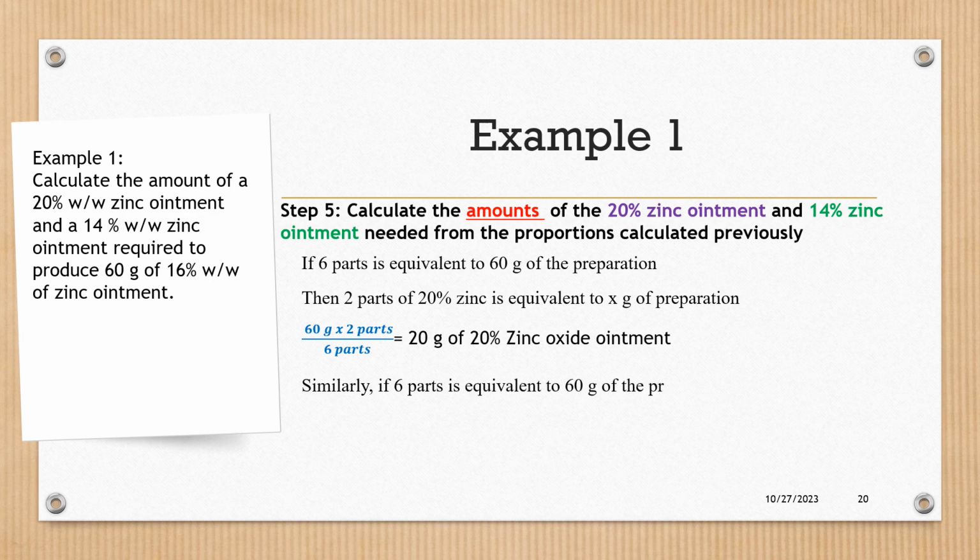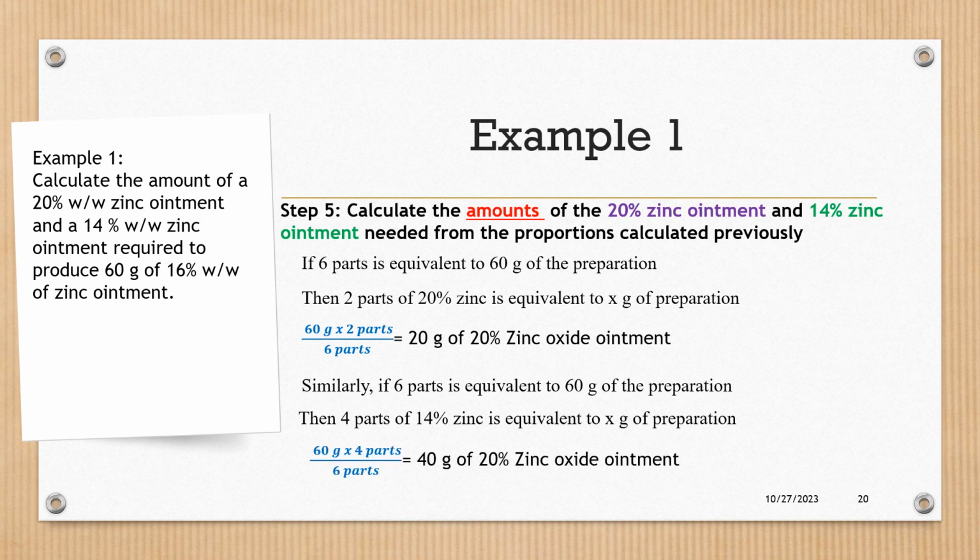Similarly, again, 6 parts is equivalent to the whole, which is 60 grams. And recall, we wanted 4 parts of it to be the 14%. So in this case, your 4 out of 6 multiplied by the whole, which is 60 grams, should give you the quantity of 14% zinc oxide ointment to be added to the preparation.